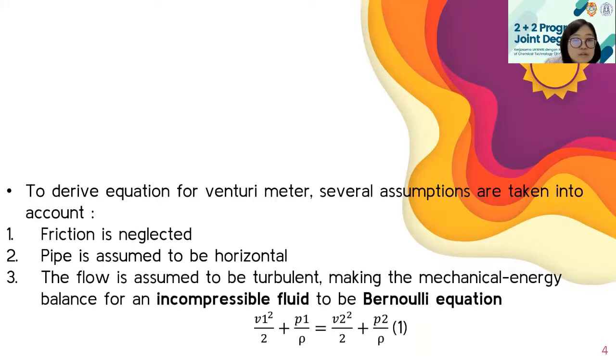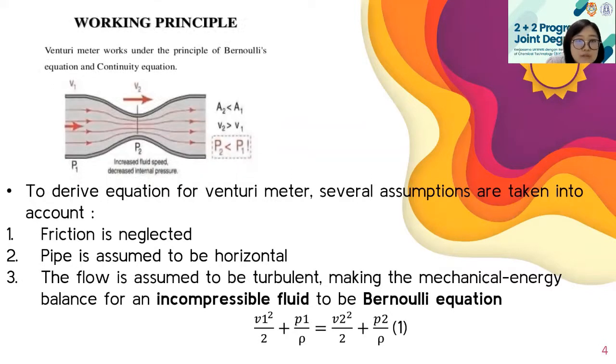Okay. To derive the equations for the Venturi method, several assumptions are taken into account. First, the friction is neglected because of the gradual expansion and gradual contraction in this system.